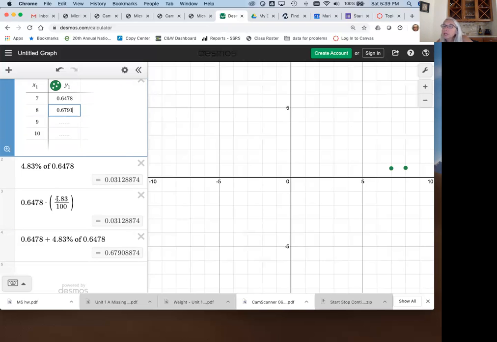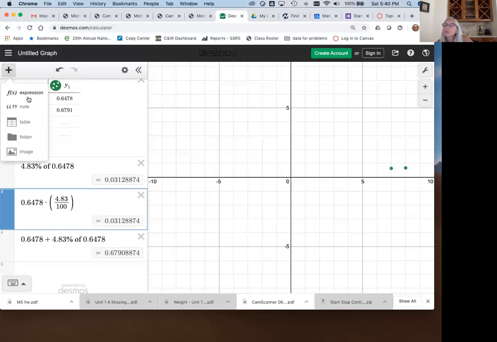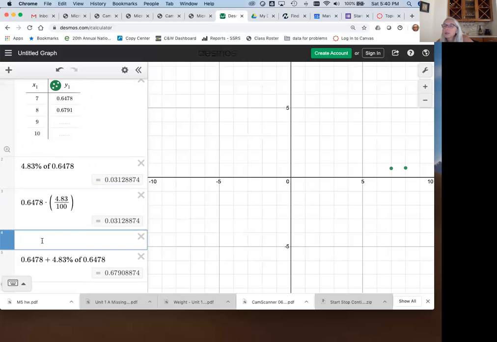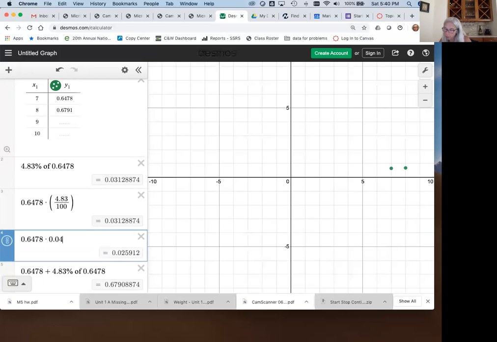Now, some of you, instead of dividing by 100, would like to do that with decimals, and that's just fine. So this is 0.6478 multiplied by 4.83 divided by 100, which is 0.0483.